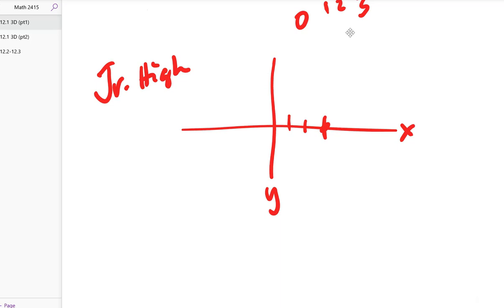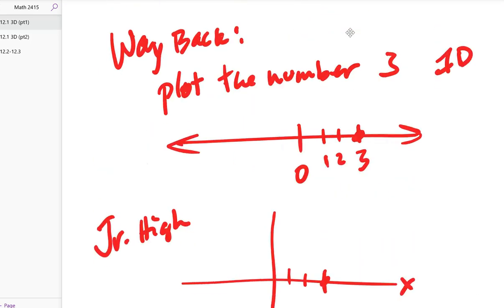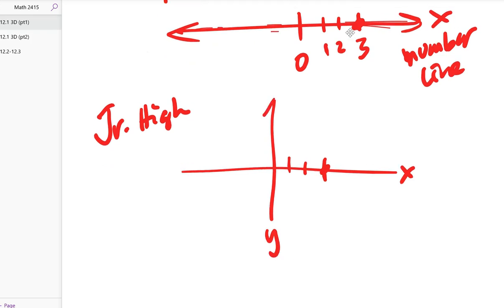Essentially what you did was you took the x-axis, they didn't call it the x-axis, this was called the number line before, and you made a copy of the x-axis, and you rotated it 90 degrees, and you called that the y-axis. Okay, so anyway, here's 3.